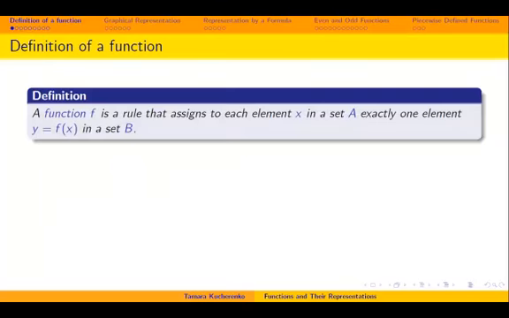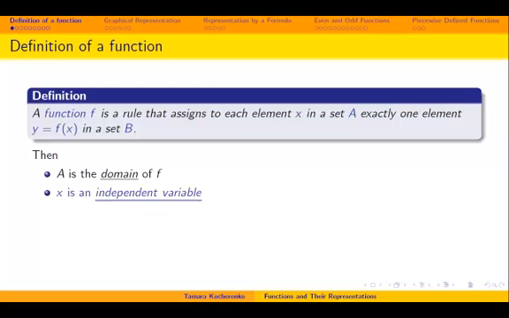We think of a function f as a rule that assigns to each element x in a set A exactly one element y, denoted by f of x, in a set B. In this case, the set A is called the domain of the function f.